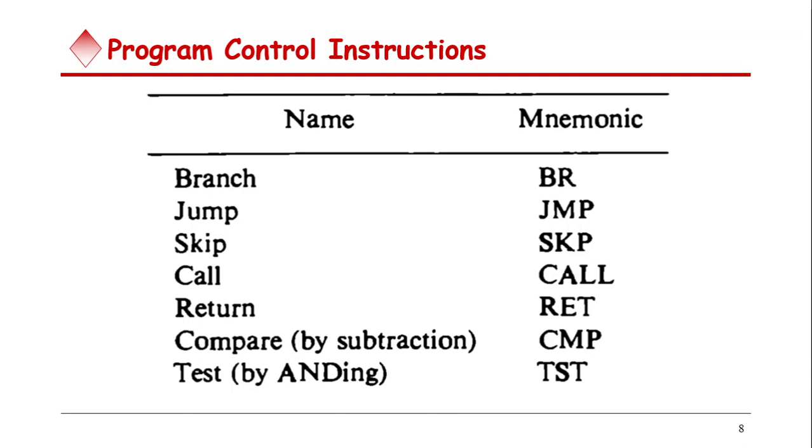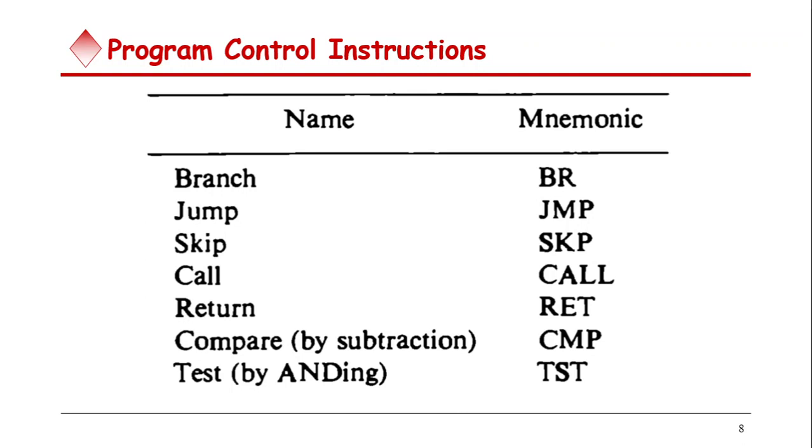In other words, program control instructions specify conditions for altering the content of the program counter, while data transfer and manipulation instructions specify the conditions for data processing.